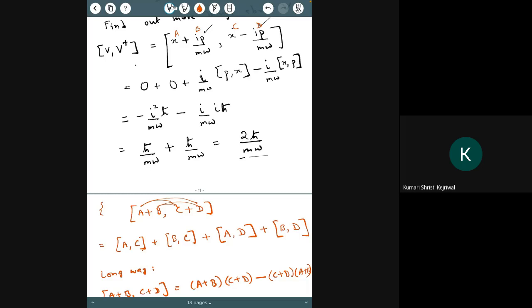And this is AD. These are the two which remain. And BD is basically the PP commutator, which is again 0. So the commutator of the same operator is always 0, right? So those are the two zeros. Do you get it? Okay, ma'am.